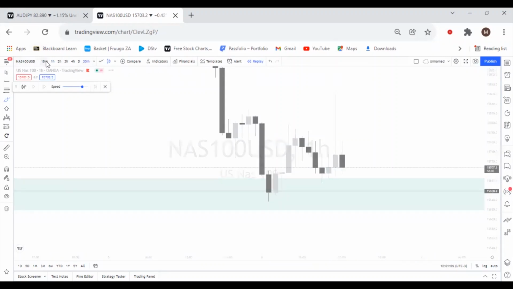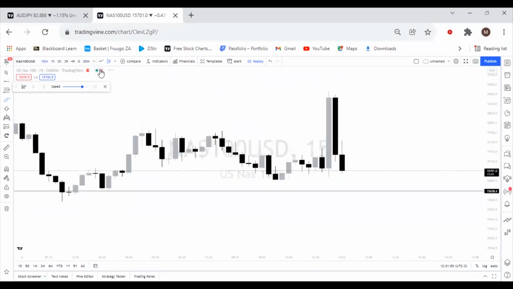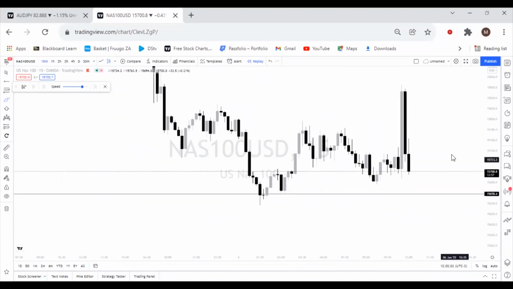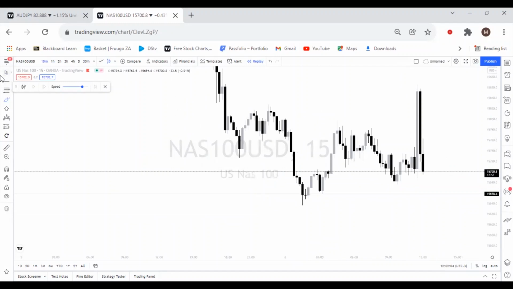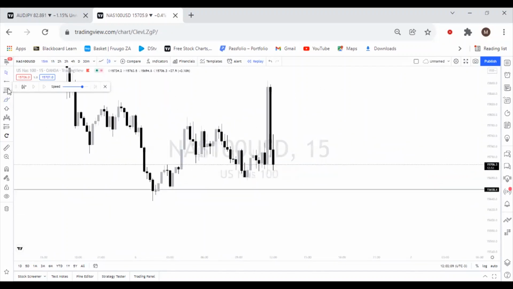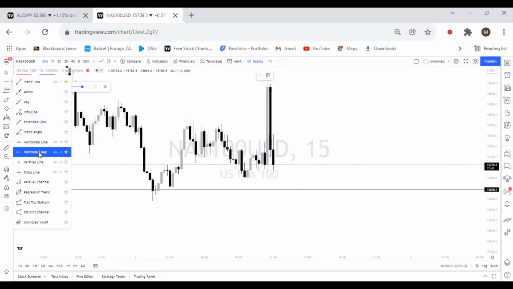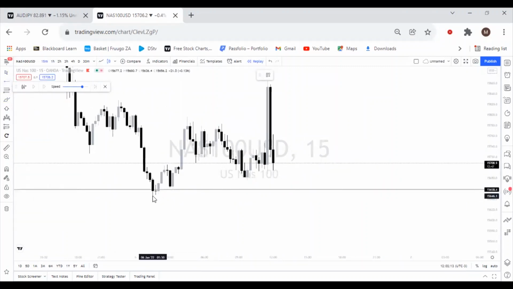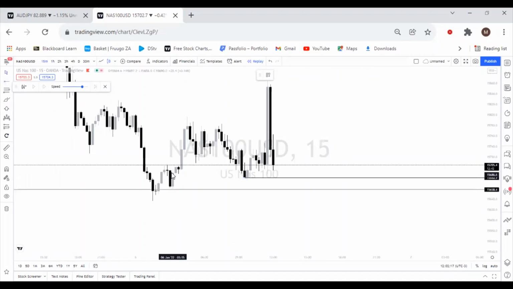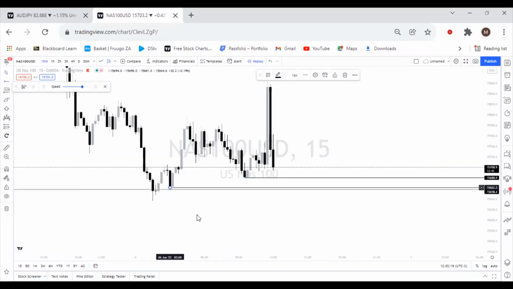We can go to maybe 15 minutes and see if we have levels that we could put. Okay, I'll start with this one, put it right here, and then I'll have this one too.